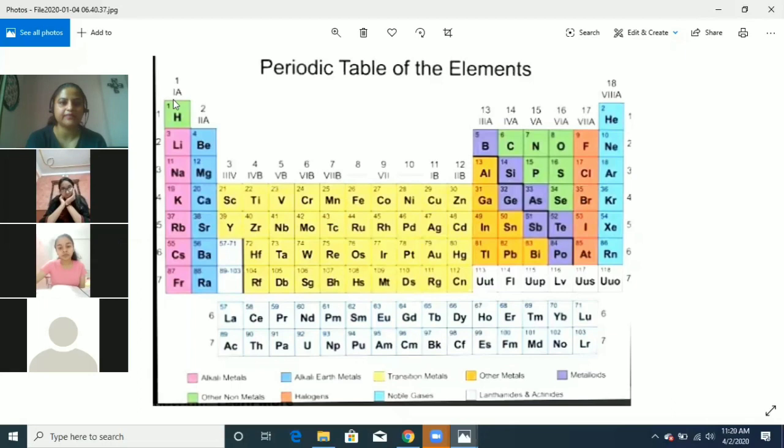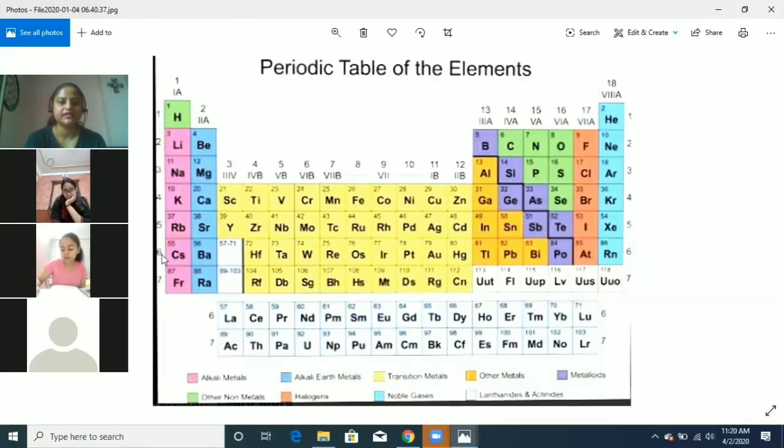Something is written above the box. These vertical lines are called group, and these horizontal lines are called period. This 1, 2, 3, 4, 5, 6, 7, these are called periods.